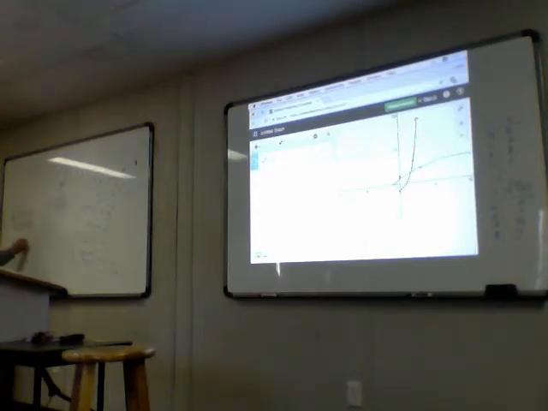Okay. And the range, Cayman? All real numbers. Really? Wait, look at the blue line. On the left side, is there an arrow? No. So it doesn't keep going.